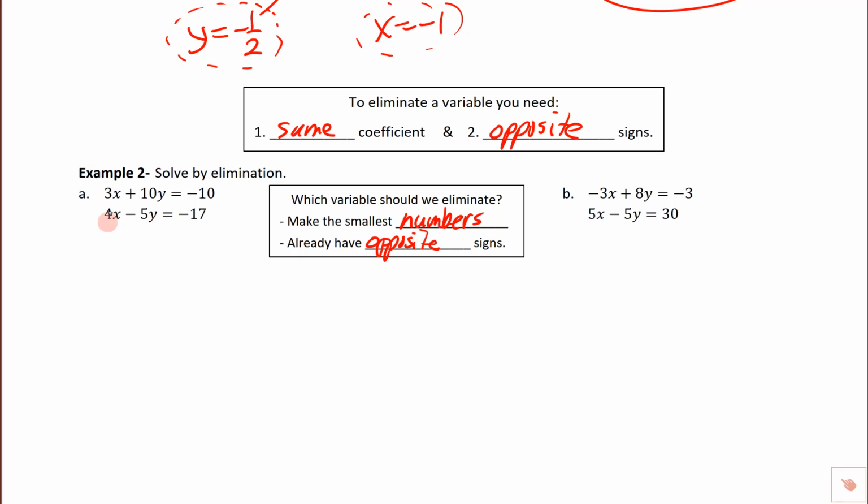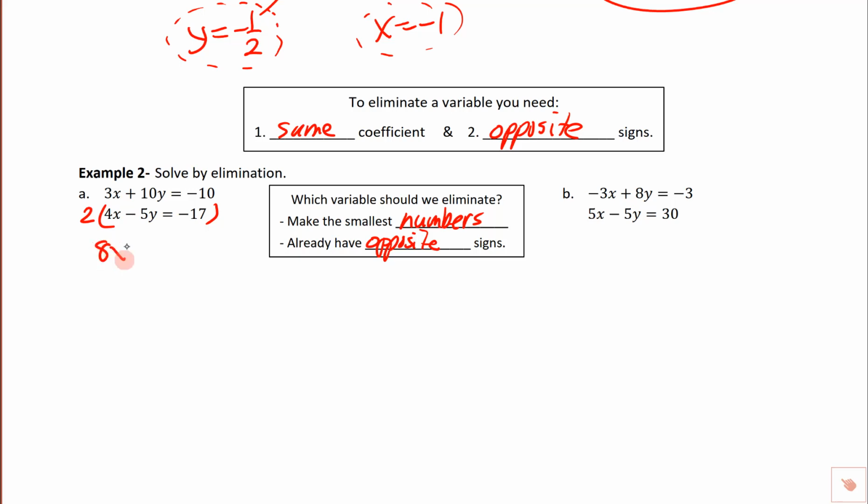So if you take a look at this right here, this is a 3 and this is a 4. We could turn both of those into 12. That wouldn't be too hard, but we'd have to change them both. If we take a look at the 10 and the 5, this one's already negative, and it would be really easy to turn this one into a negative 10. So that's what we're going to do. We're going to take this, and we're going to multiply it by a 2. So this second equation is going to turn into this.